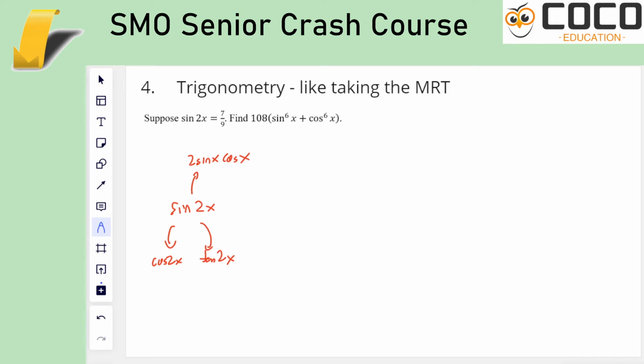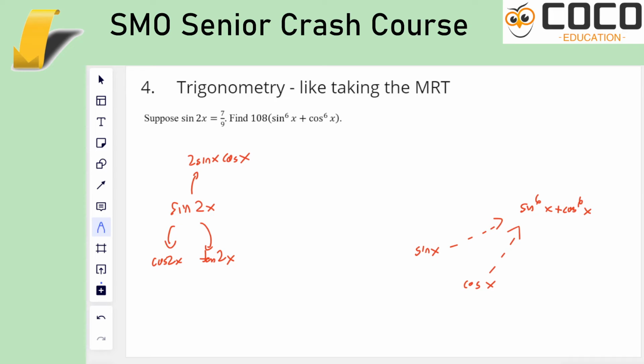To figure out which way we want to go, we can also start off from the other end. How would I find sine to the 6x plus cosine to the 6x? Well, one way is if I do find sine and cosine. If I knew what sine and cosine are, then of course that would be good.